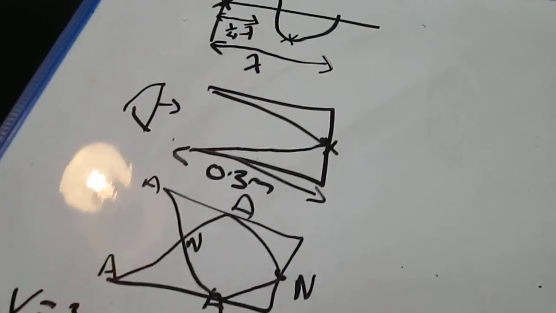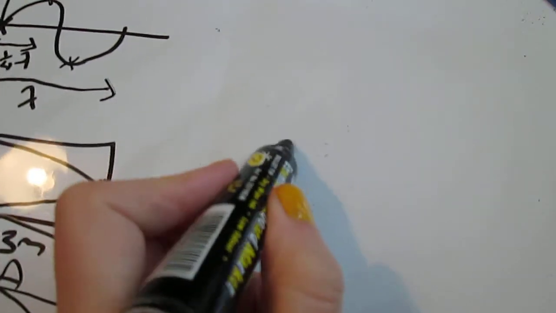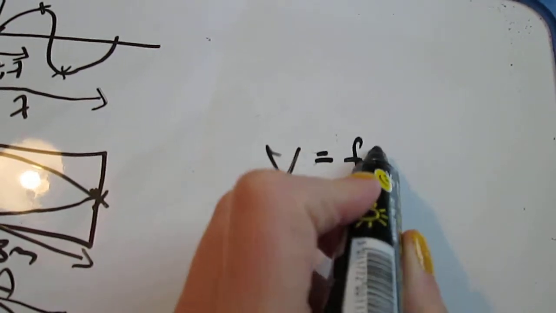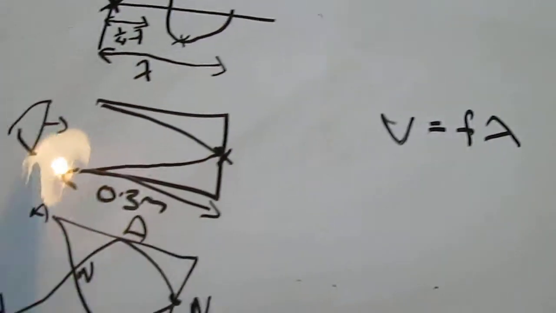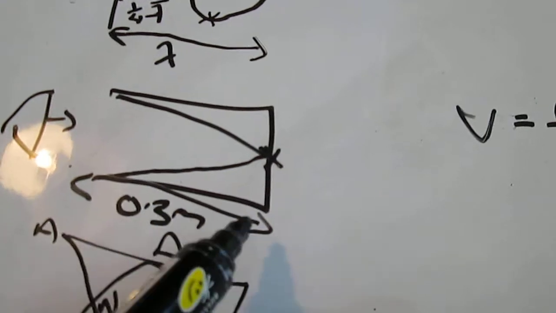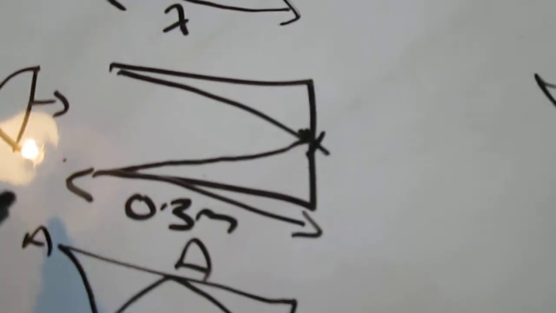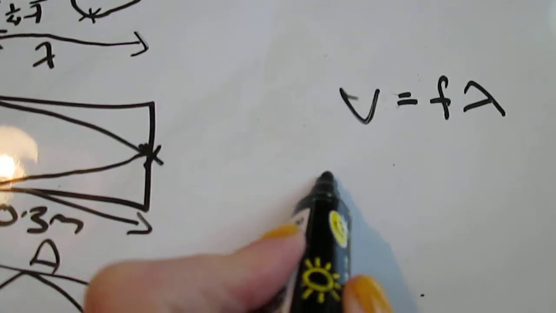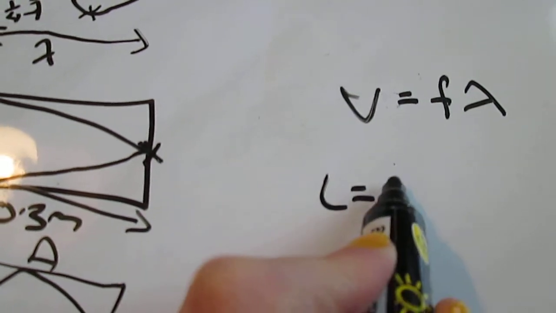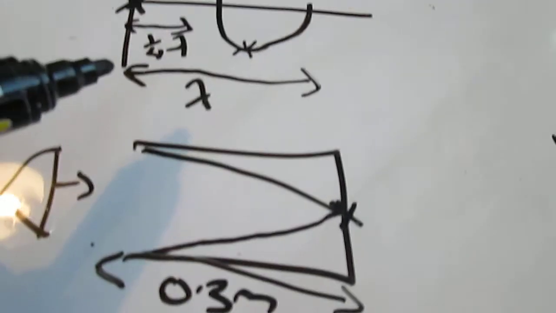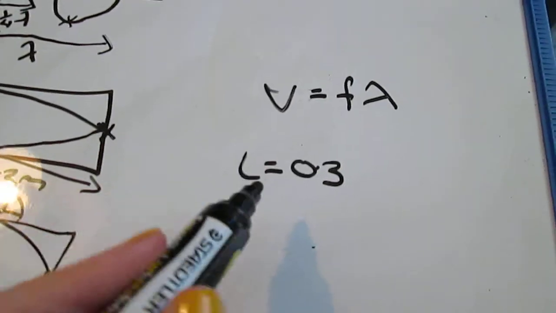So what we're going to do is use our v = fλ equation, except in this question they actually give us the length of the tube. Now in the first one, our length of tube, which I'm going to call L, is 0.3, and that gives me, as we've set up here, a quarter of a wave.